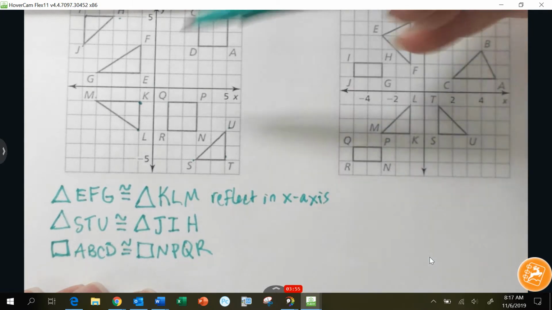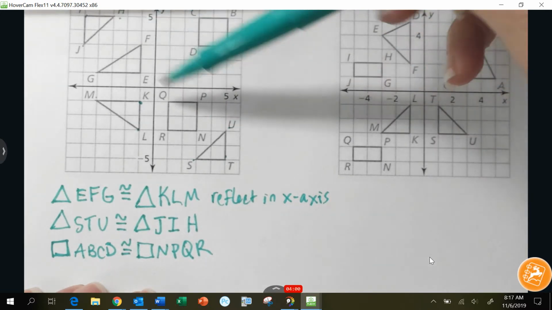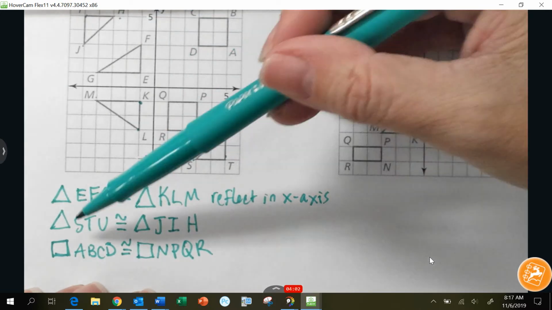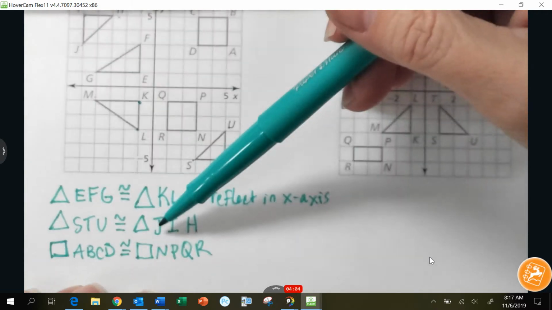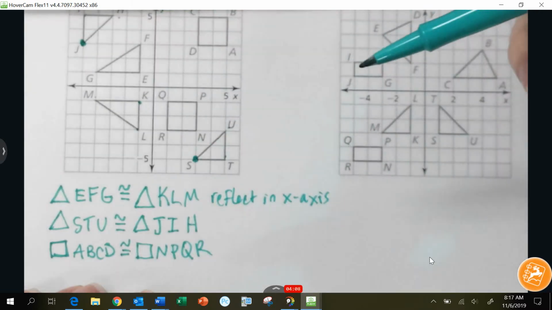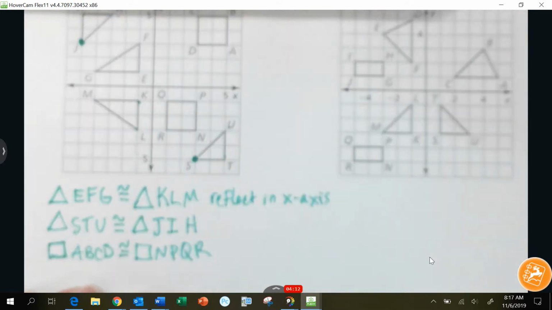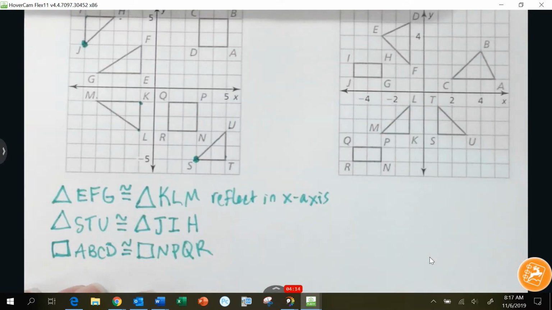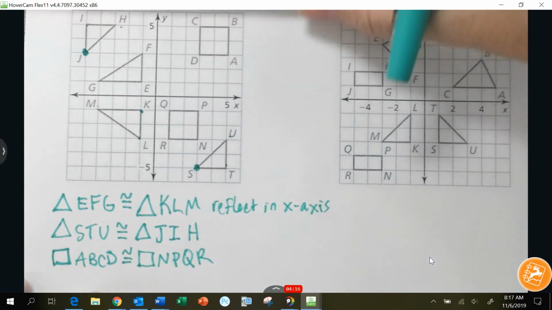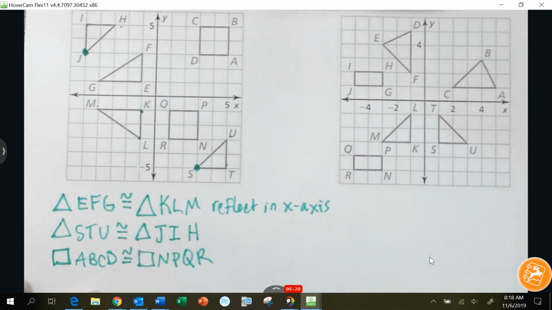How about the other triangles? We said that S and J correspond to each other. I probably could have said S and H correspond, but we said S and J. So what kind of transformation would that be, Lynn?